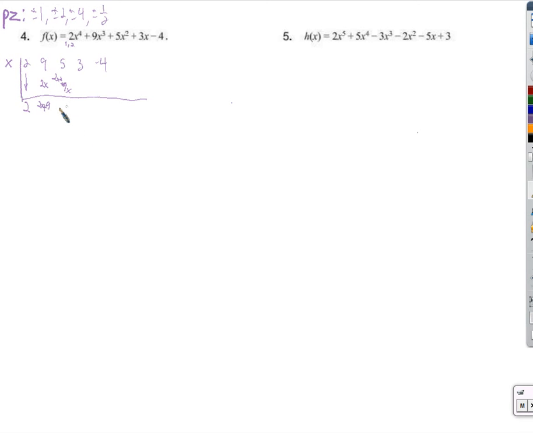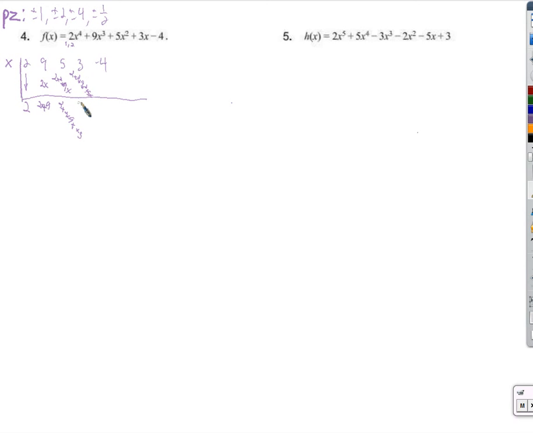So I get, this is kind of tricky, 2x squared plus 9x plus 5. And then I multiply this by x. So I get 2x to the third plus 9x squared plus 5x.